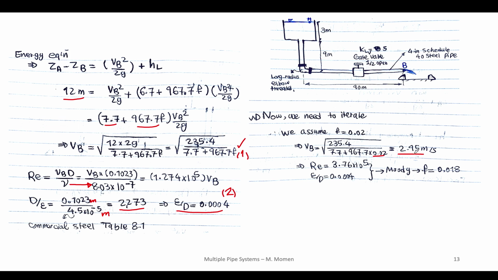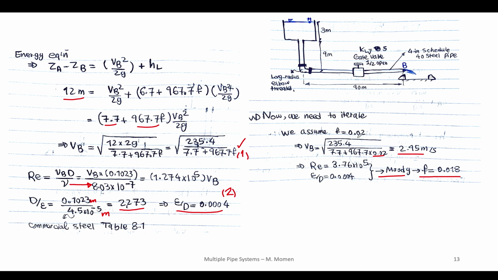So this gives me this value, and now that I have VB, I plug it into equation 2. I find the Reynolds number, which is 3.76 times 10 to the 5. With relative roughness of 0.0004, I go to the Moody diagram, and I find that F should be 0.018.